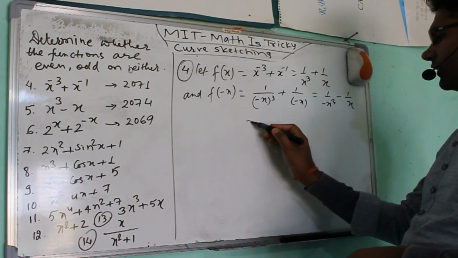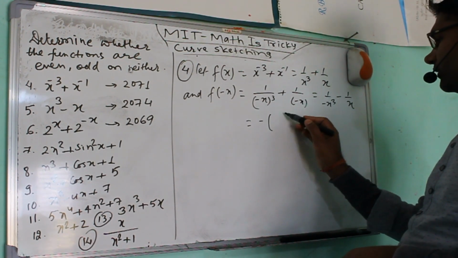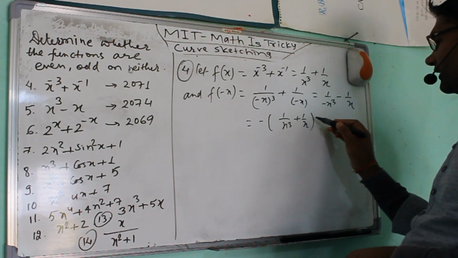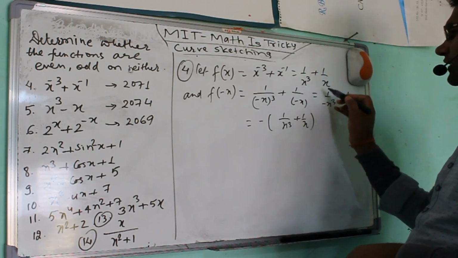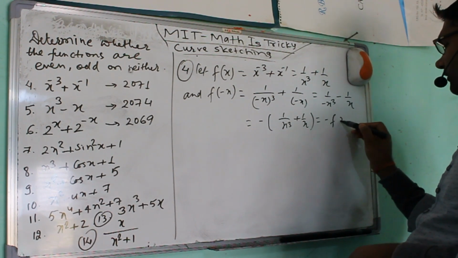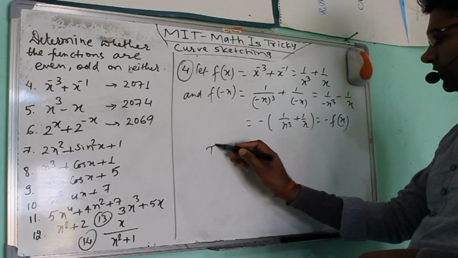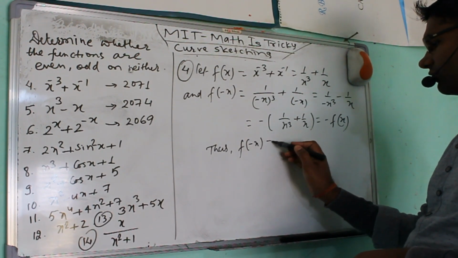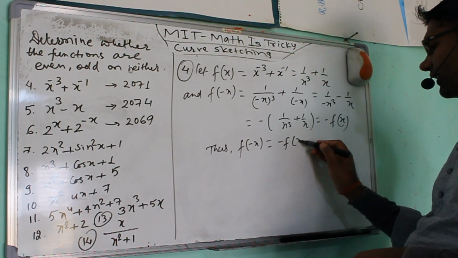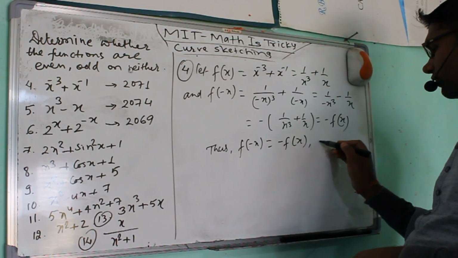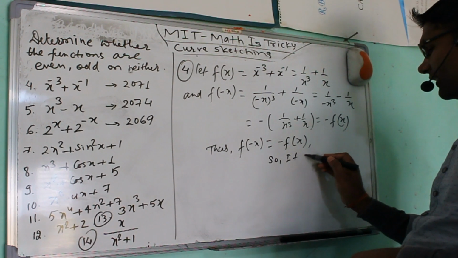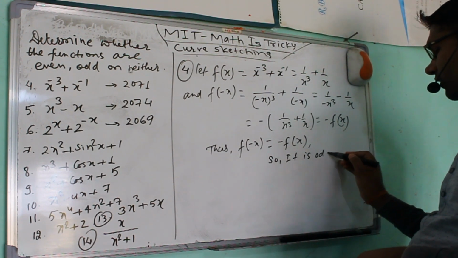If we take minus common, it will be −(1/x³ + 1/x), which is the same as −f(x). Thus we have f(−x) = −f(x). So it is an odd function.